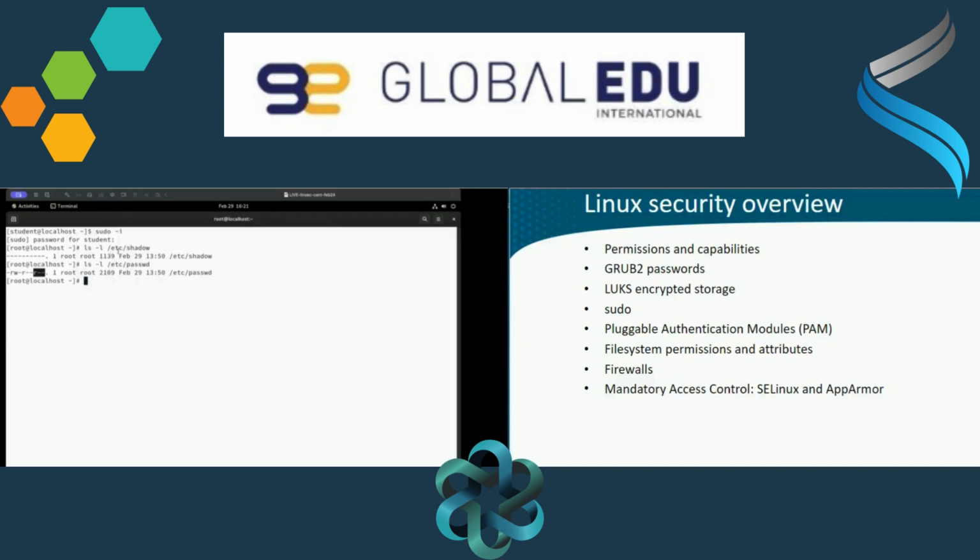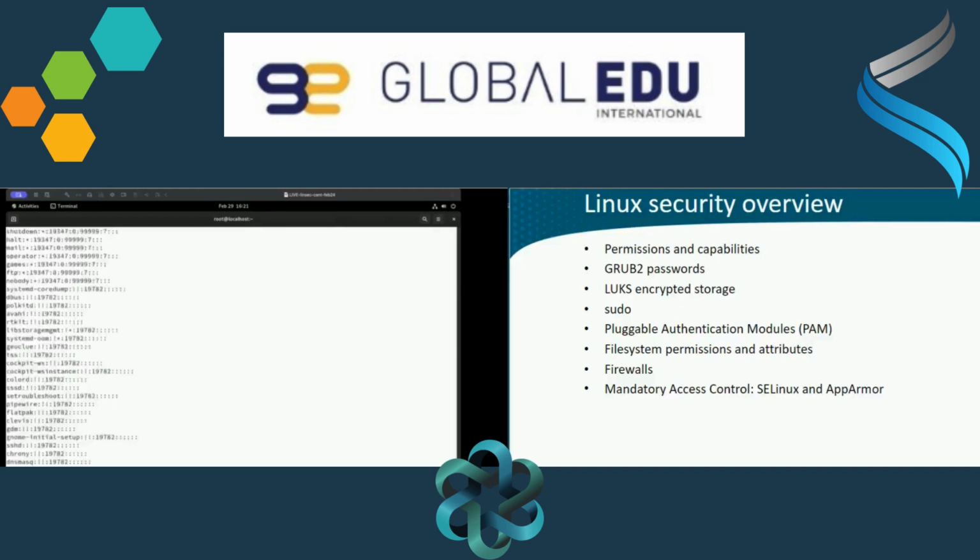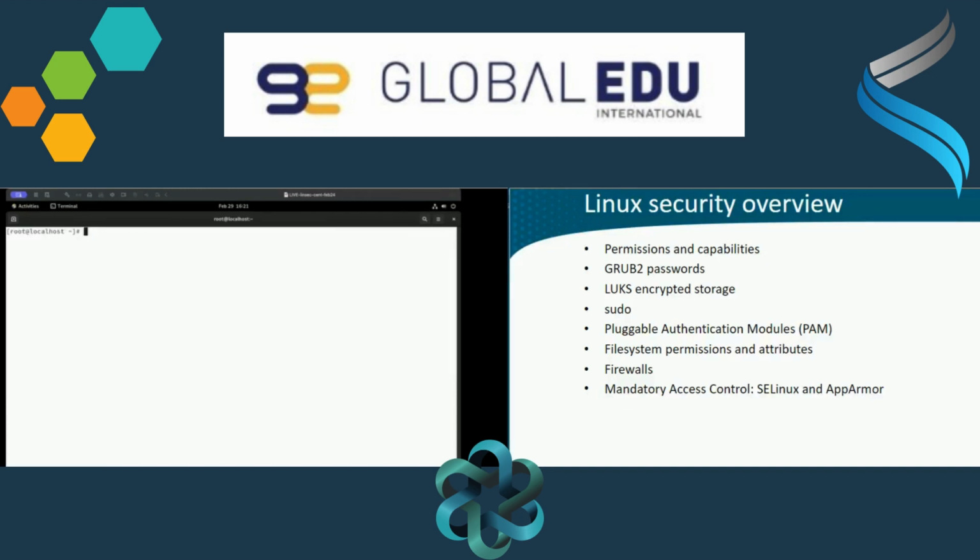Now, what is going on with /etc/shadow? /etc/shadow has no permissions at all. So did you ever think about it? cat /etc/shadow. Well, most of you probably already know what is going to happen. It is working. Now, the big question is, why is this working?